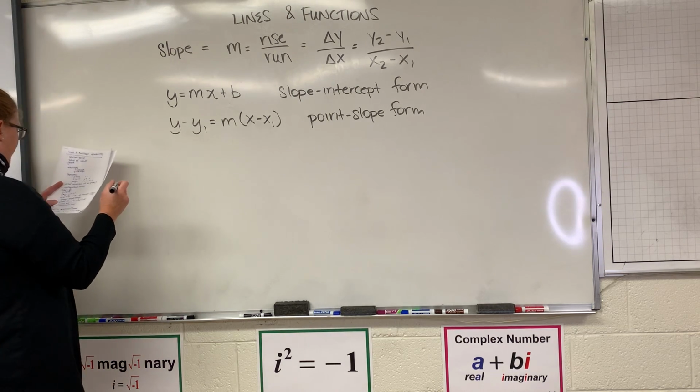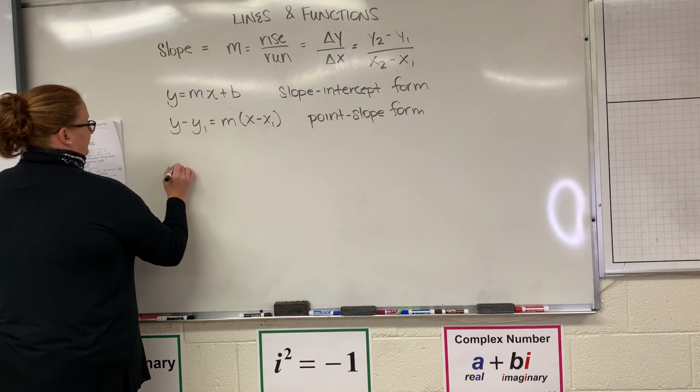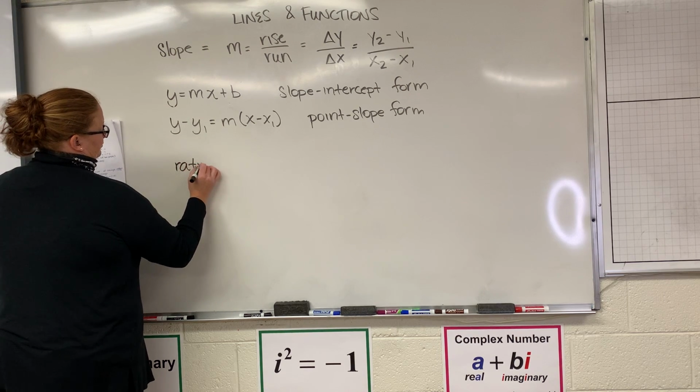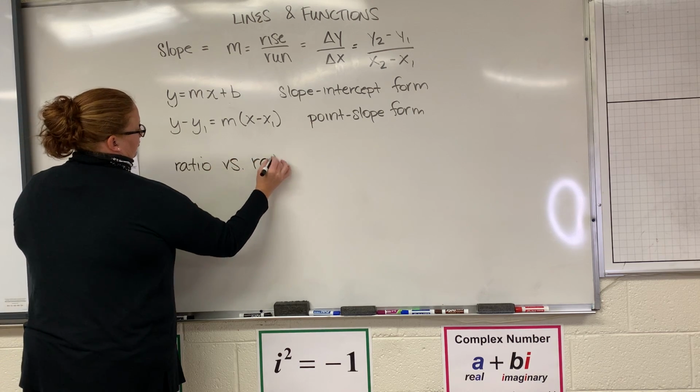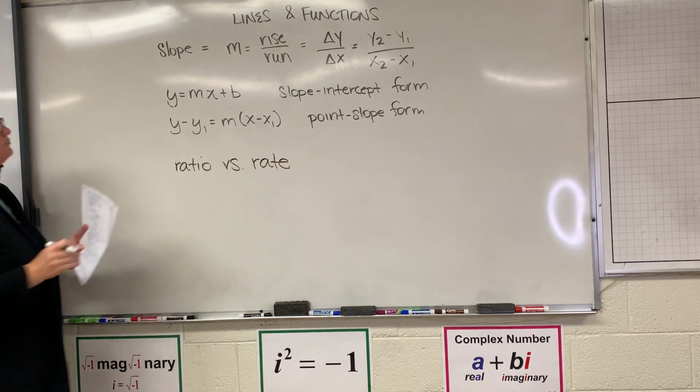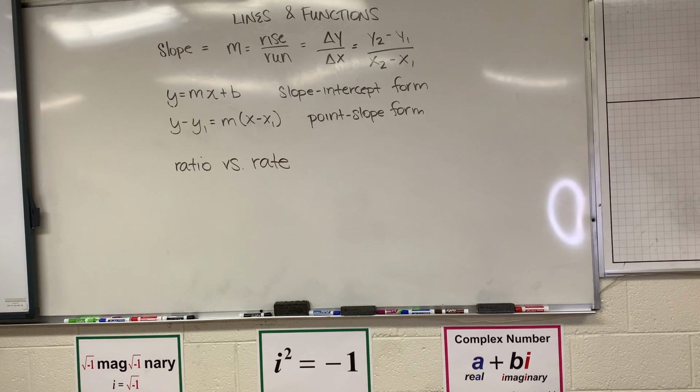Then we have a couple vocab differences. Which when I was reading it, I thought it was interchangeable, but I guess it's not. Ratio versus rate. There's things you don't pay attention to when you're just a student. What it is, ratio has the same units on top and bottom.